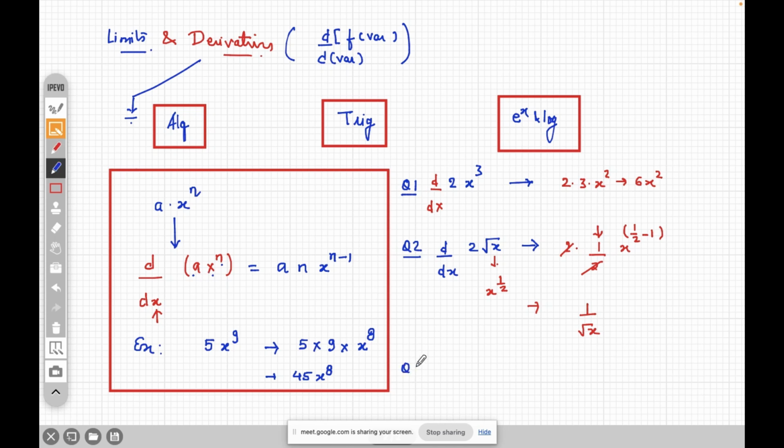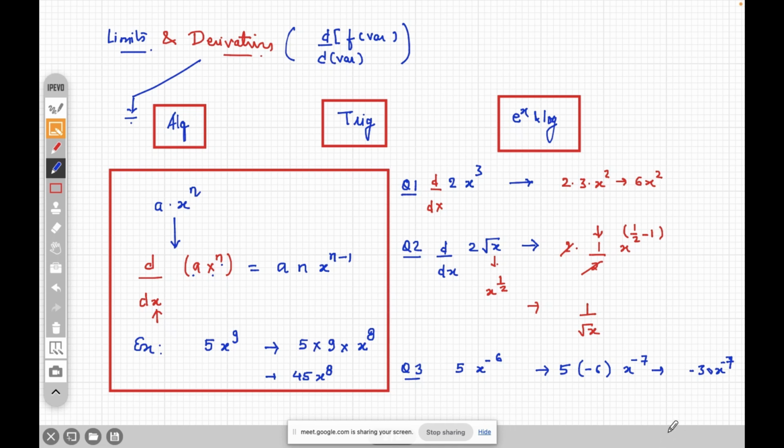Question number 3. Quick. What is the differentiation of 5 x to the power minus 6? So, sir, it will be 5 into minus 6, minus 30, x to the power minus 7, right?